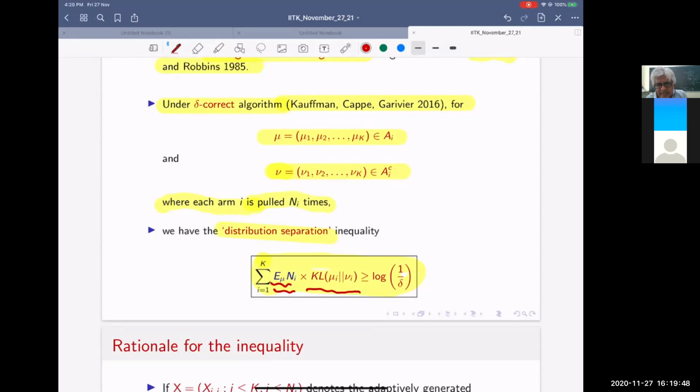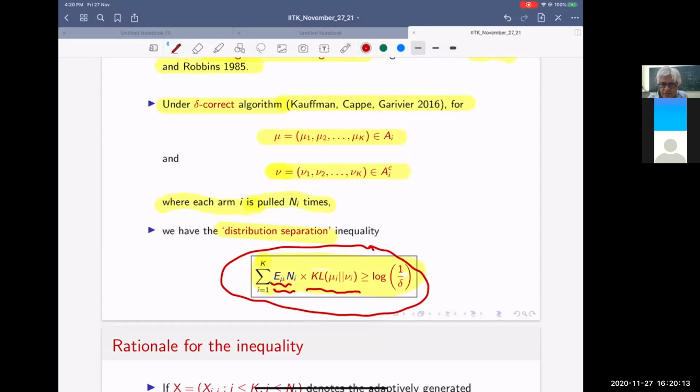So this is really saying that if mu_i and nu_i are well separated, then I don't need to sample the arm i that much. If they're not well separated, then I need to sample the arm i lots of times. But this inequality has to be true. This summation on the left-hand side had better be greater than log 1 by delta. So this is the key inequality that Kaufmann, Cappé, and Garivier came up with.